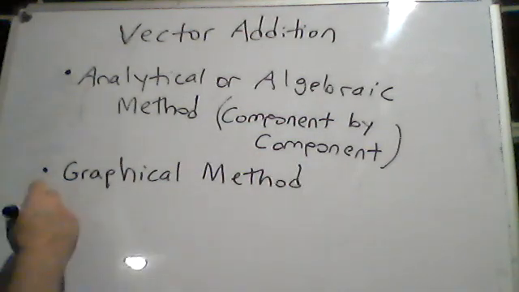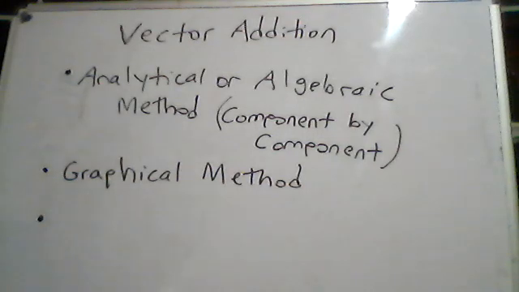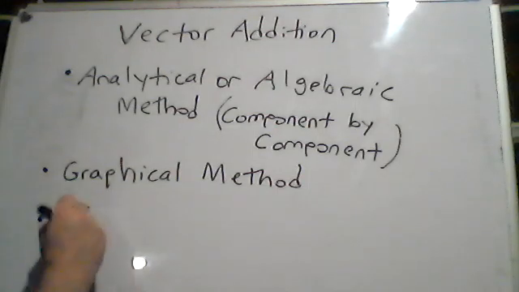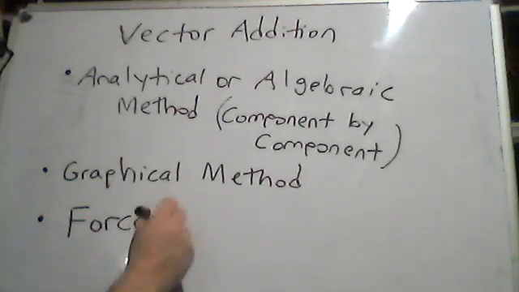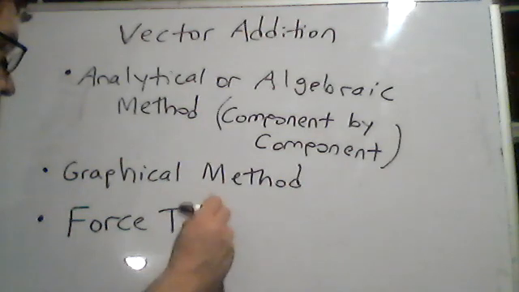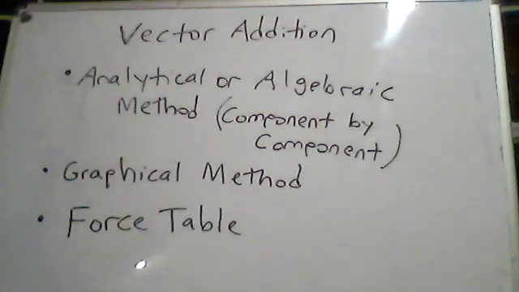The third method employed in the original lab, when we met face to face, was adding vectors using what's called a force table. The force table employs Newton's second law in an equilibrium setting.